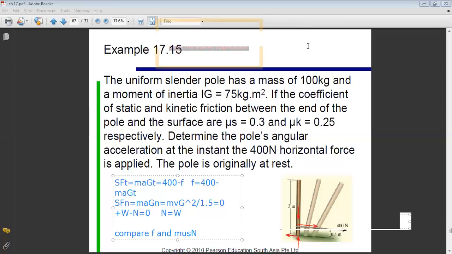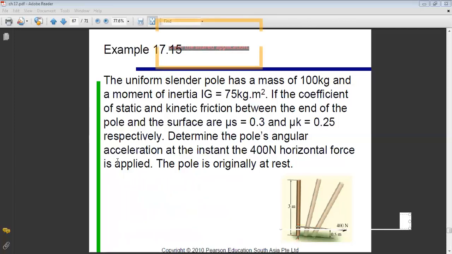So if my assumption is wrong, then I have general plane motion. And in case I have general plane motion, what will be my unknowns in this case? First, if it's general plane motion, it means that it will slide.